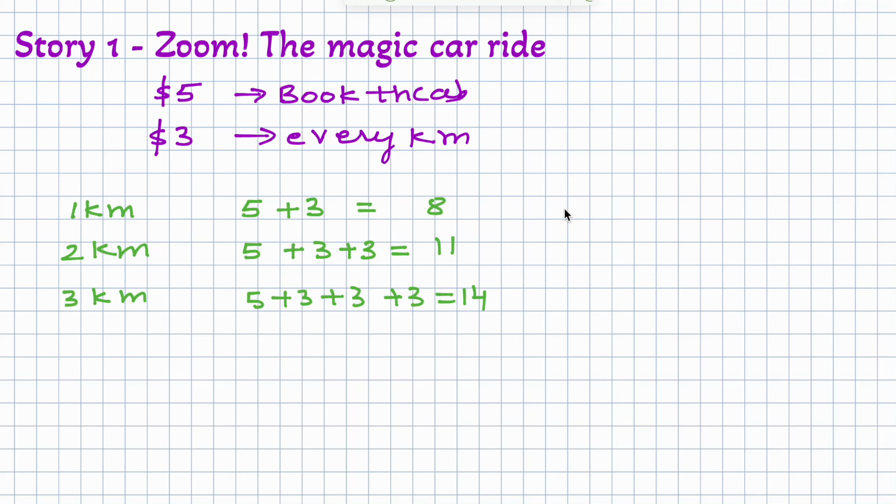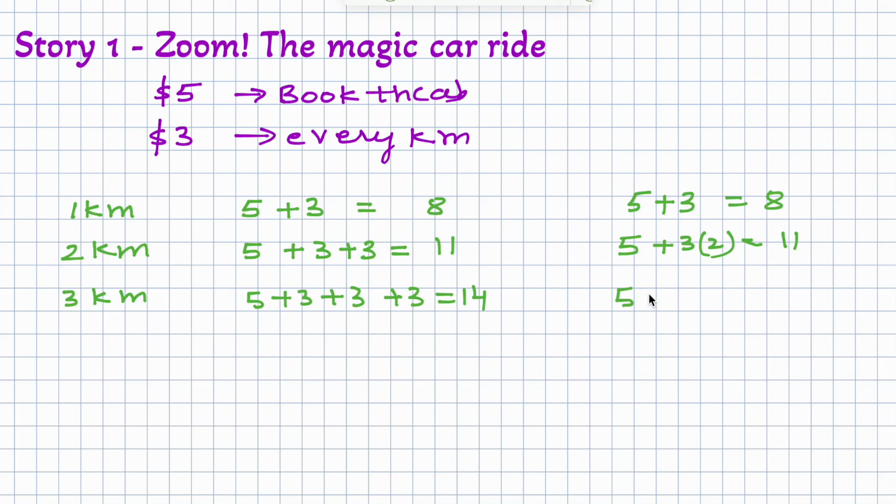Now let's see, is it forming any pattern? Okay, so when she is traveling 1 kilometer, 5 plus 3, 8 is the cost. Now because we know repeated addition is actually multiplication, here I am multiplying 3 with 2, because 3 is added 2 times is actually 3 times 2, which is 11.